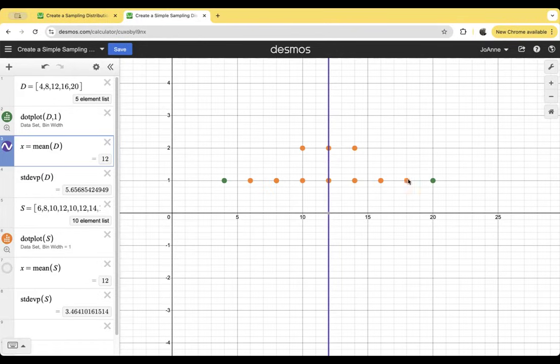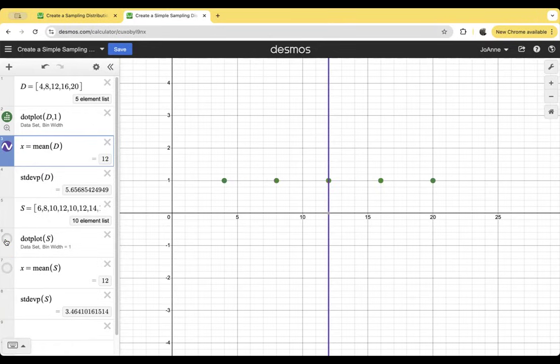Otherwise, you see them all lie on the same line. There's another thing to take note of. Besides the fact that there are more sample means than there are members of the population, the other thing you should take note of is that the spread of the orange dots is not as variable as the spread of the green dots.